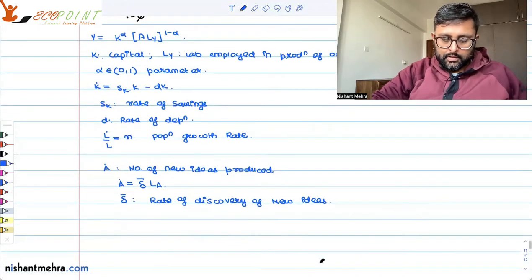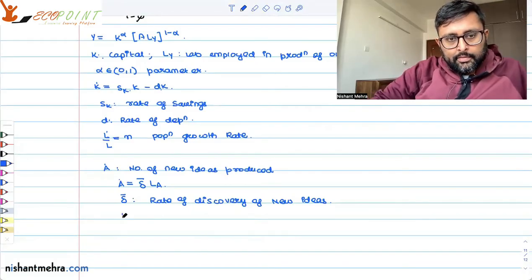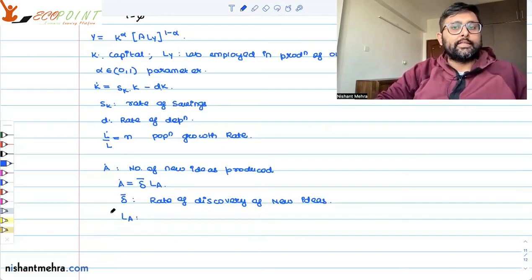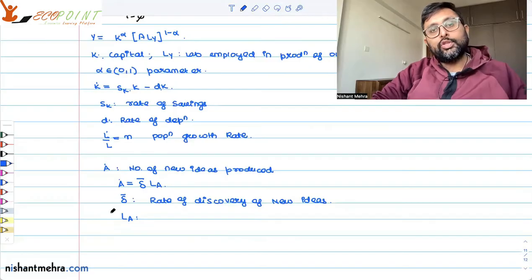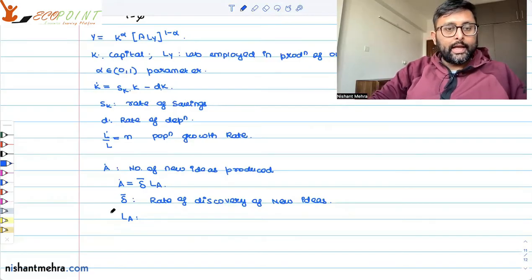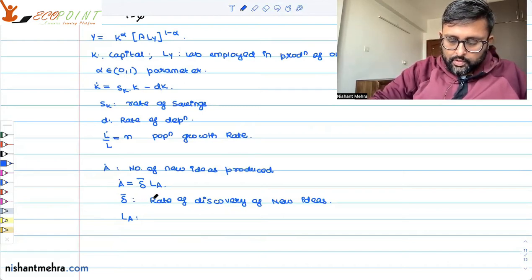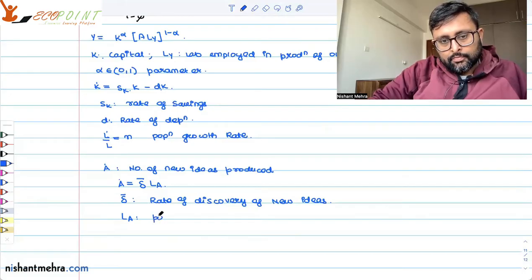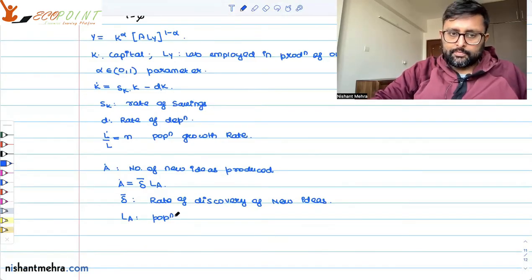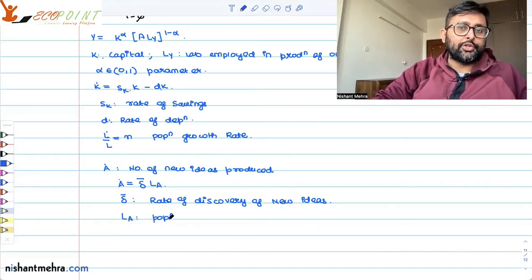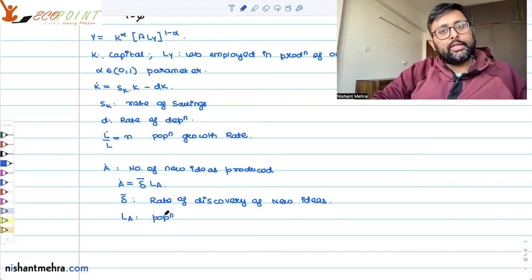L_Y is the population engaged in the production of output, and L_A is the population engaged in research. Not proportion of population, because L_Y plus L_A is the total L.